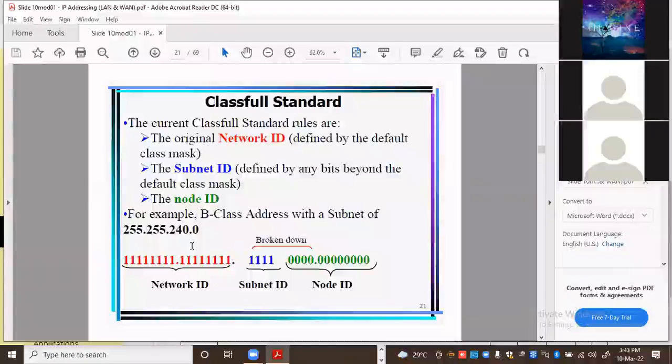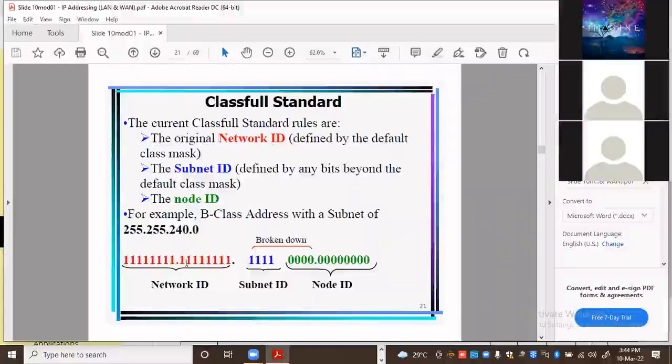So if you have a default subnet mask of an IP address, and you decide to reduce the number of nodes that it can actually lease out on a given network, you call that a subnet. So this is where the subnet IDs play a key role.